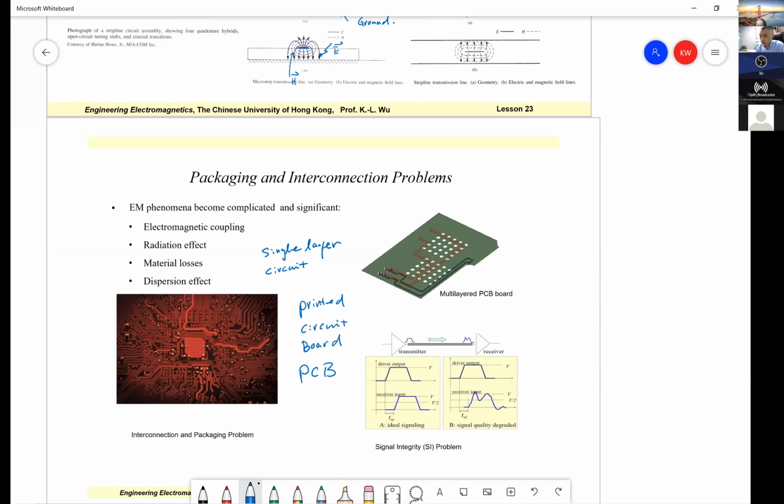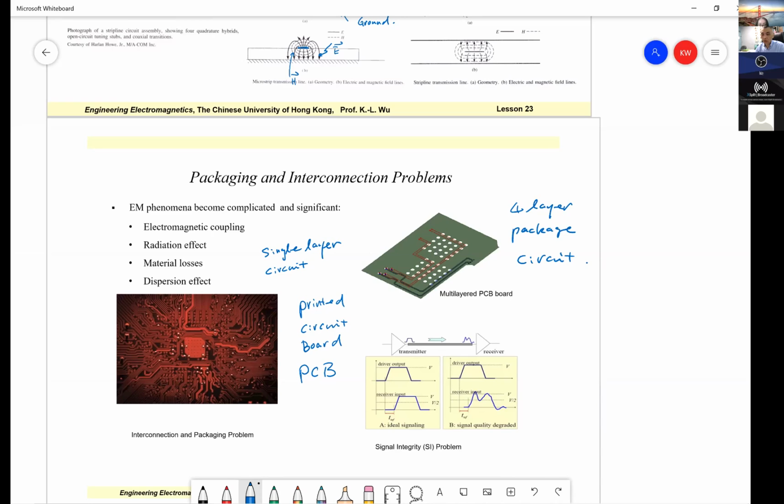Here I just show one simple example. Okay, this is a 4 layer packaging circuit. If your career in the future relates to electronics, you must deal with it.